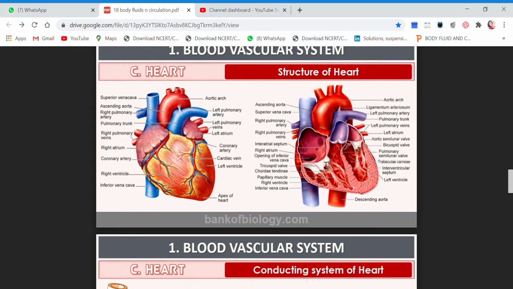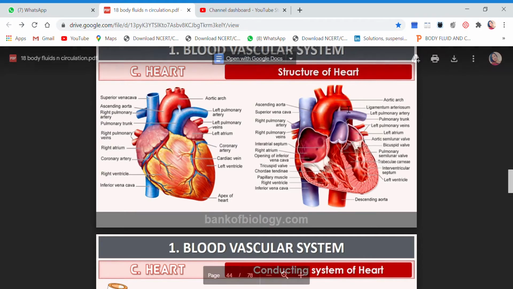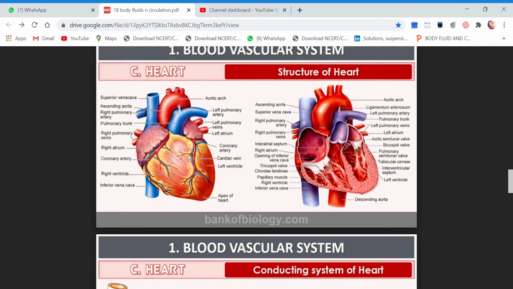That means the right auricle and right ventricle both receive deoxygenated blood, and the left side of the heart will always receive oxygenated blood. So the right auricle has an opening called the vena cava, the superior vena cava and the inferior vena cava.